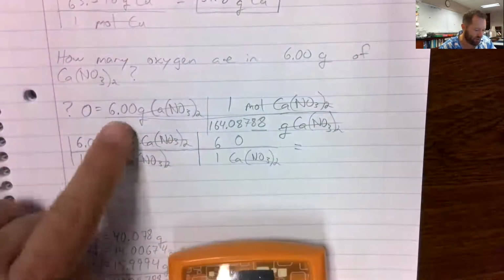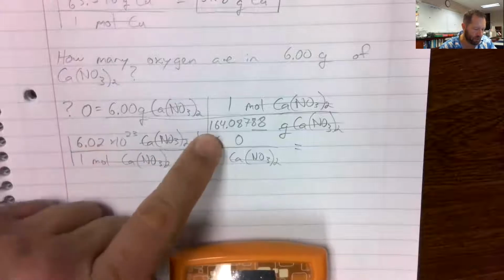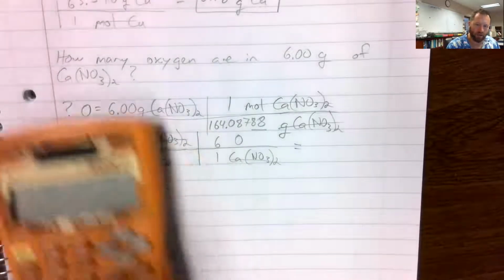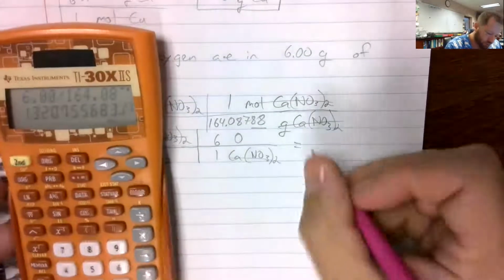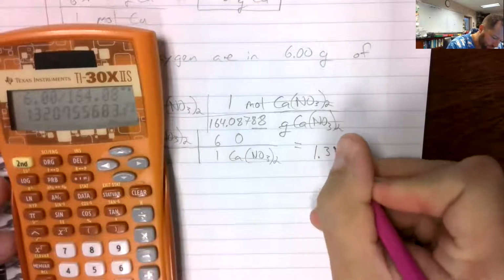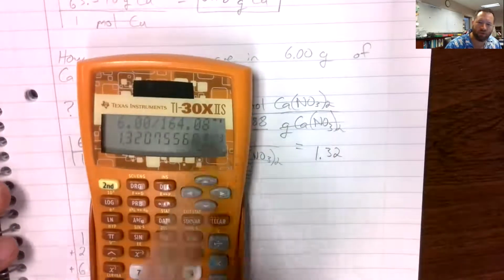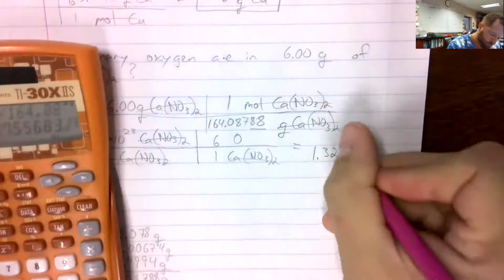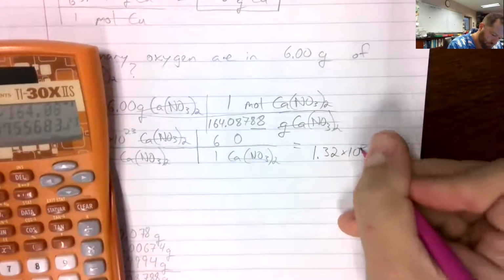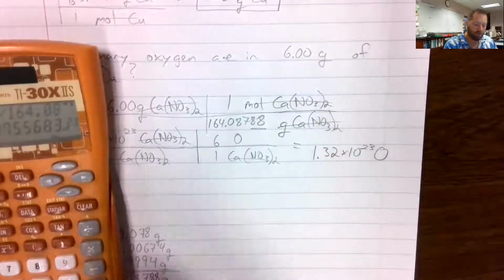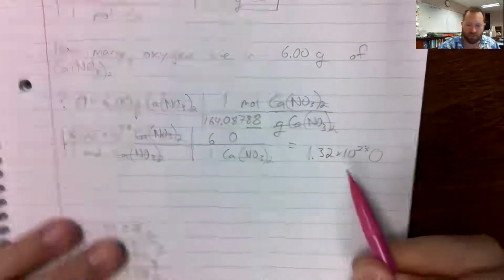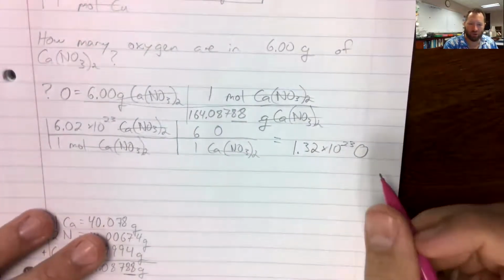Let's double check significant digits. 3, 3. And well, there's a whole bunch more than 3. I'm writing 3 in my final answer: 1, 3, and 2. Don't forget about the exponent there. 1.32 times 10 to the 23rd oxygen particles.